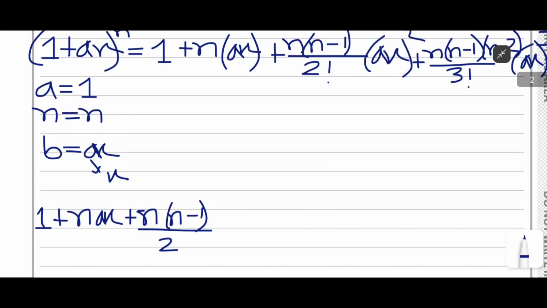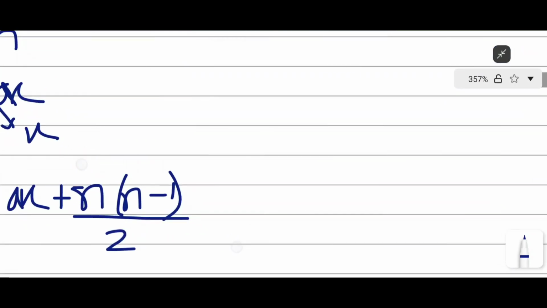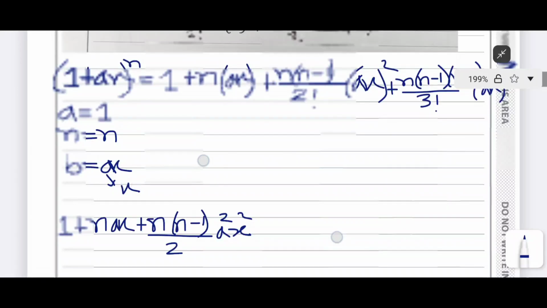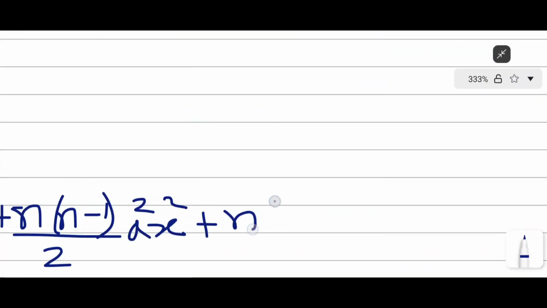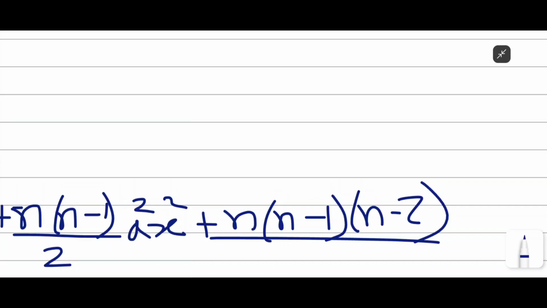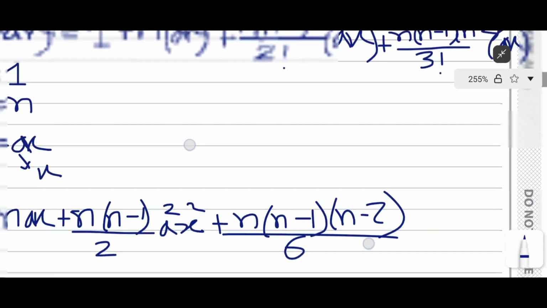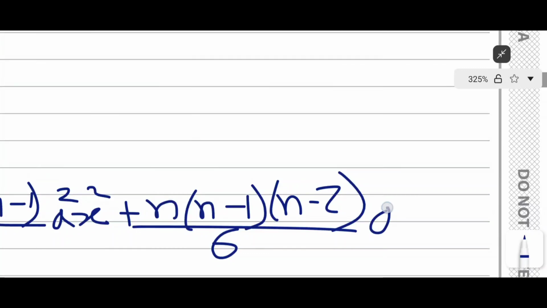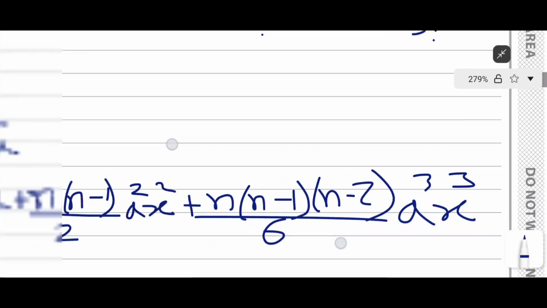Then they have given us (ax) whole squared, so here it will be a squared x squared. And here will be n minus 1. 3 factorial is 6 here, and it will be a cube x cube.